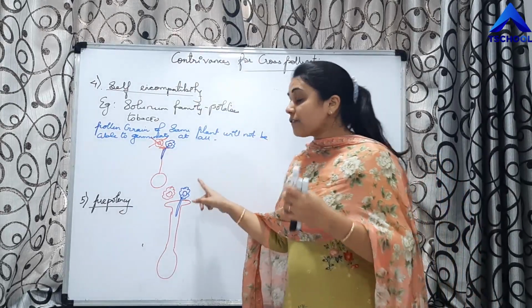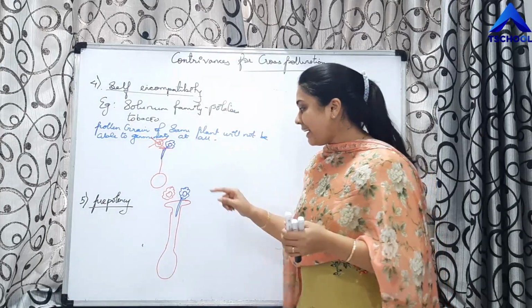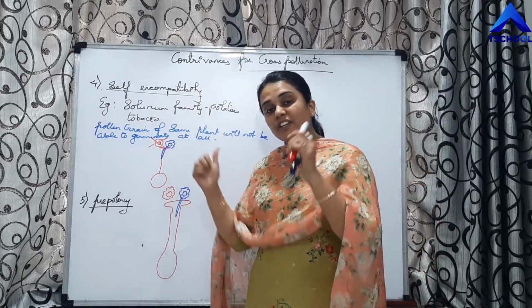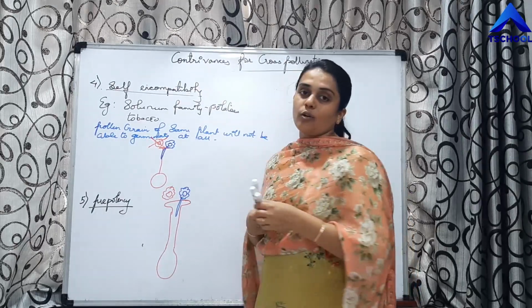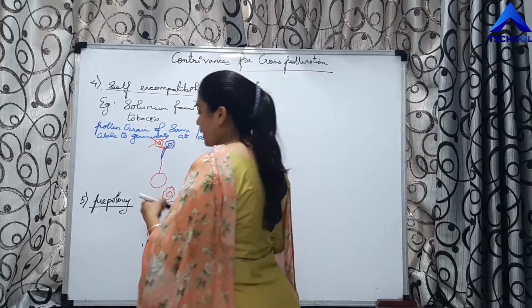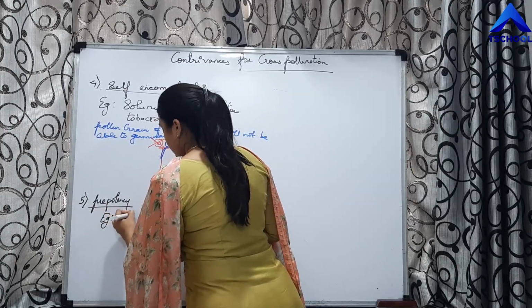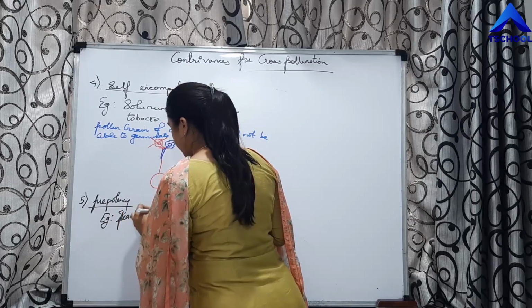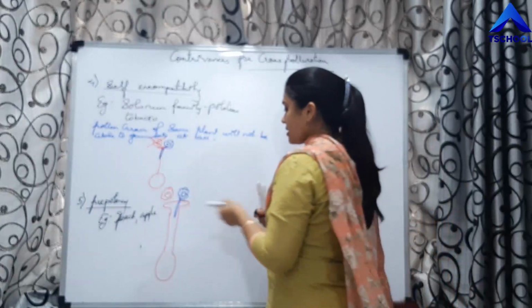But what if the pollen grain of the other plant does not come at all, right? Then this pollen grain will have the chance to germinate. That is called prepotency. An example is peach. What does it mean?